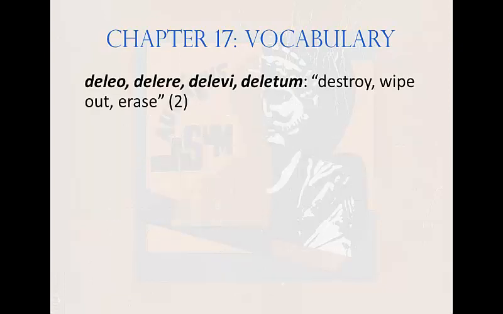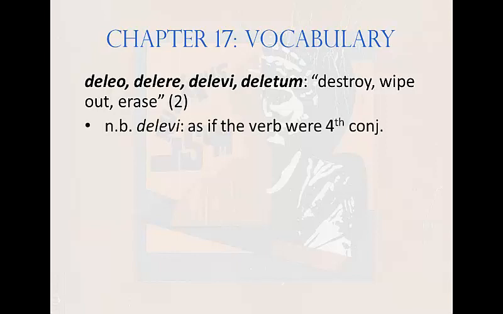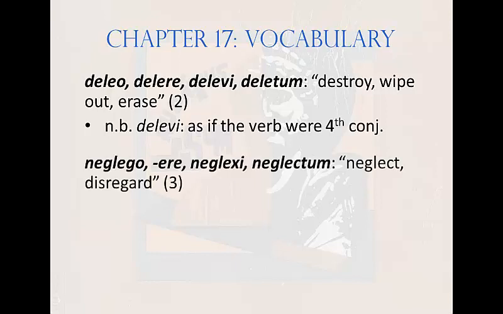The next word is deleo, delere, delevi, deletum, meaning destroy, wipe out, or erase. It's a second conjugation verb, and it's fairly regular except for its perfect active, delevi. There it acts as if it's fourth conjugation. The next word is neglego, neglegere, neglexi, neglectum, meaning neglect or disregard.